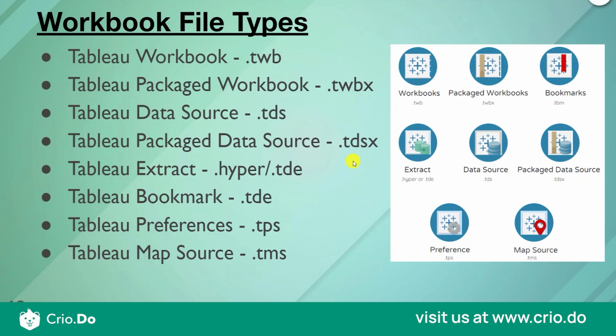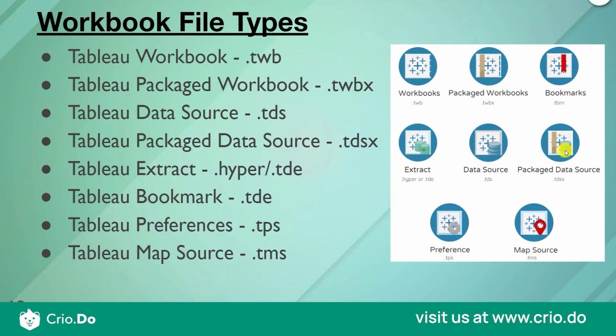.tds data source only contains the information of the connection. .tdsx is an extracted version of it, so it also contains the data. If you see the symbol, extracted versions will look like a zip file. You see that yellow tagging symbol, that is actually saying that it also contains the data inside. And the difference between icons: the data source file will look like a cylindrical icon.